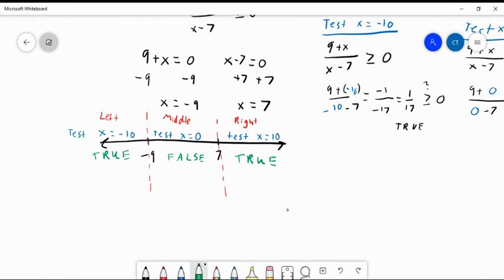At this point, we're going to shade everywhere that you ended up with true. So since your left region was true, we are going to shade this entire left region. Also, since the right region ended up as true, we're going to shade the entire right region. We still have a little bit more testing to do. We actually need to test your endpoints.